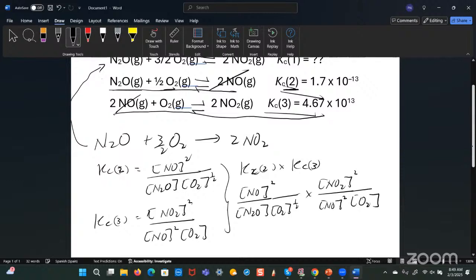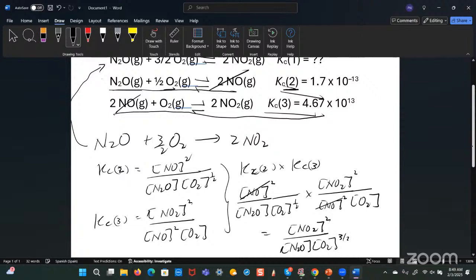And what happens? For one, the NO squared here will cancel out the NO squared there, and this O2 raised to the half will multiply by O2, giving you O2 raised to the 3 over 2. So you're going to end up with concentration of NO2 raised to the 2 divided by concentration of N2O times concentration of O2 raised to the 3 over 2.